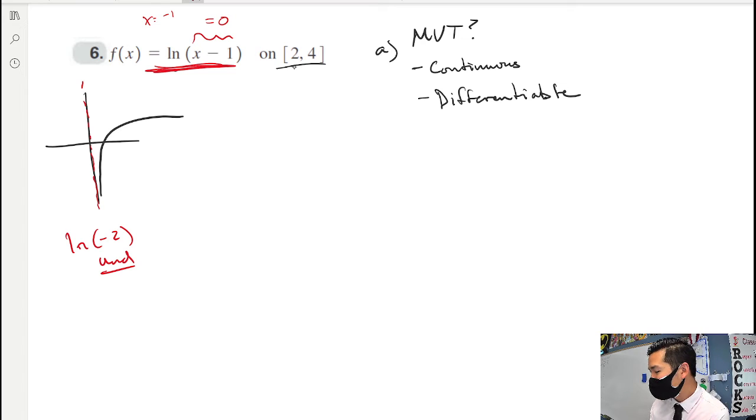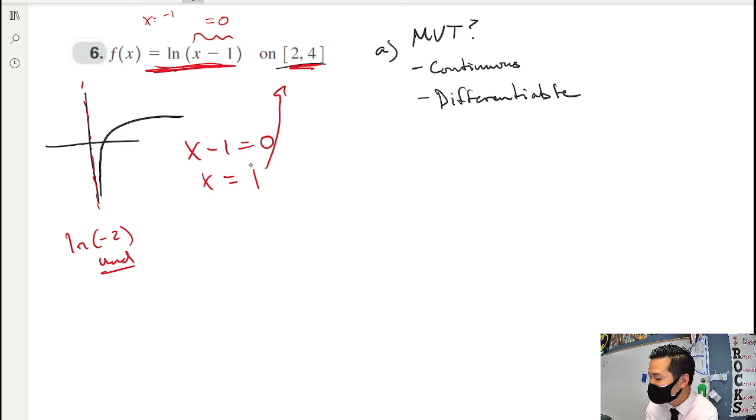But -1 is not on here anyway, so I don't have to worry about that. What I do have to worry about is, when does this thing equal 0? Help me out here. When does x minus 1 equal 0? When x is 1. But is 1 in the interval? No. 1 is not in the interval, so we're safe, right?